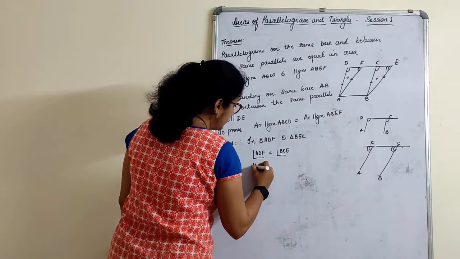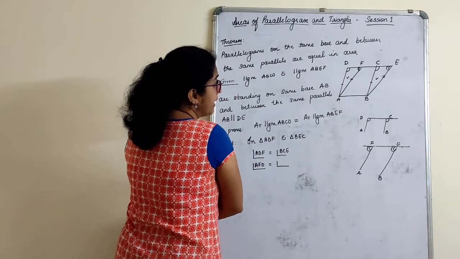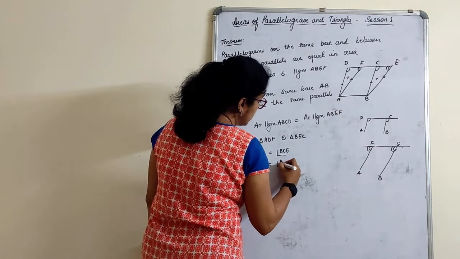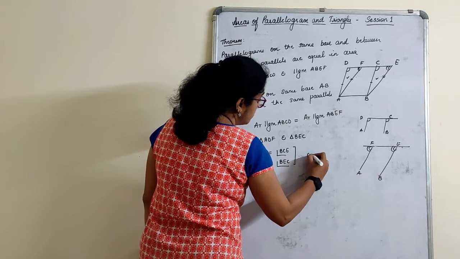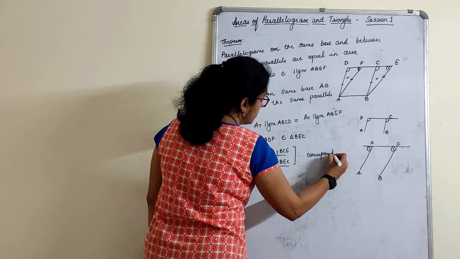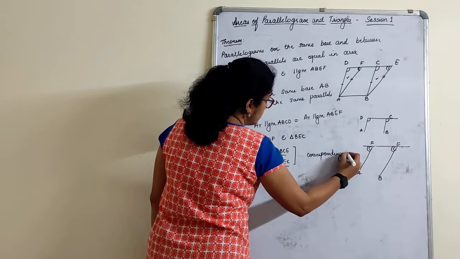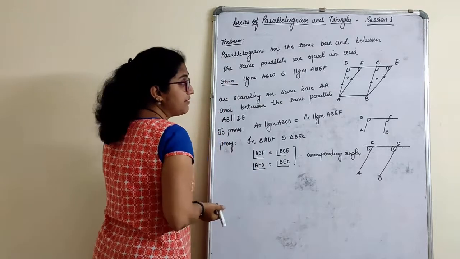Angle AFD is equal to angle BEC. Reason: corresponding angles.